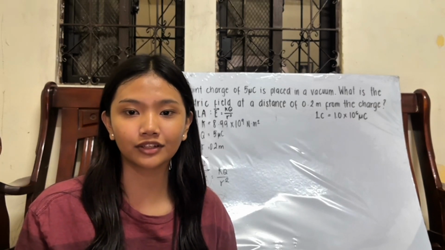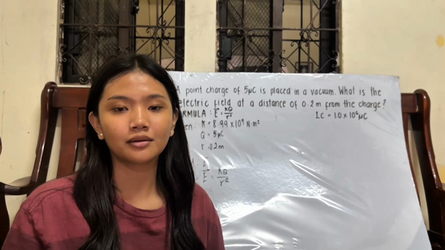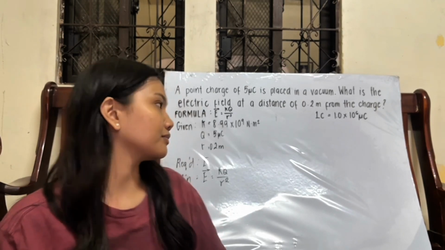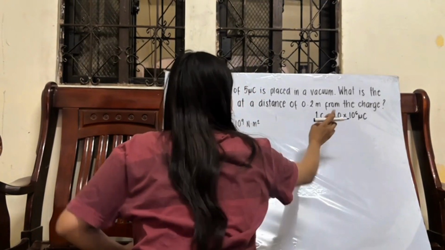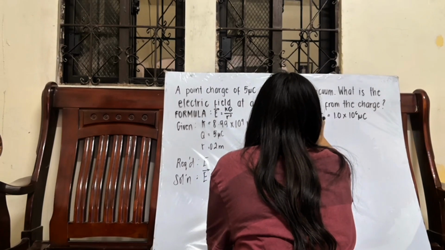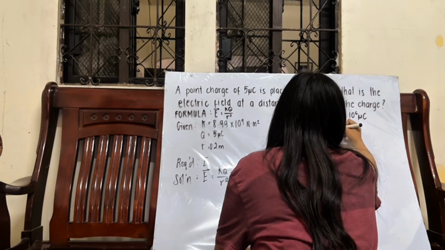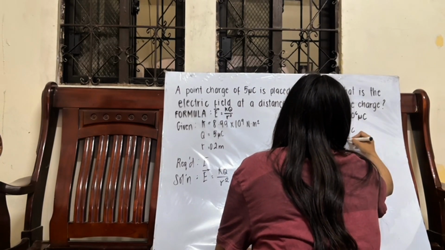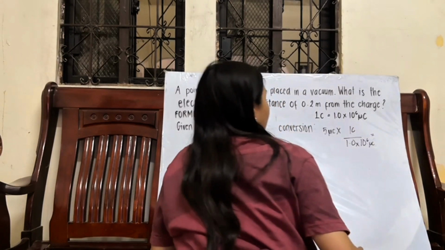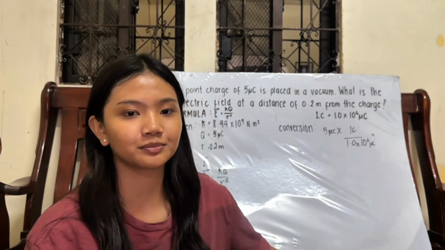But first, we will convert the microcoulomb to coulomb. To convert, we will first put the 5 microcoulombs times 1 coulomb over 1.0 times 10 raised to the power of 6 microcoulombs. We will cancel the units.